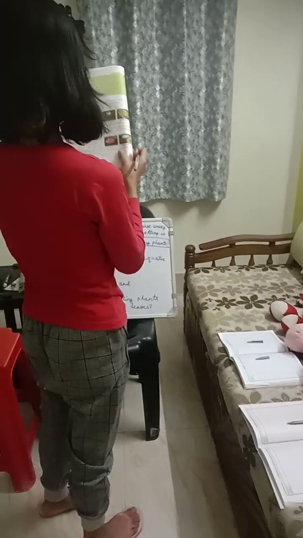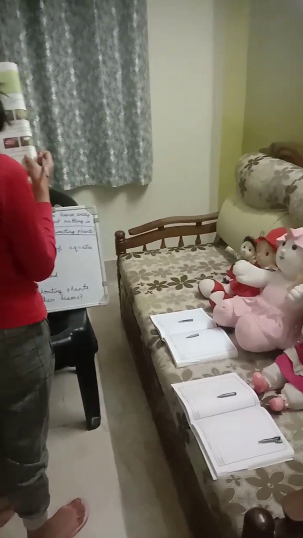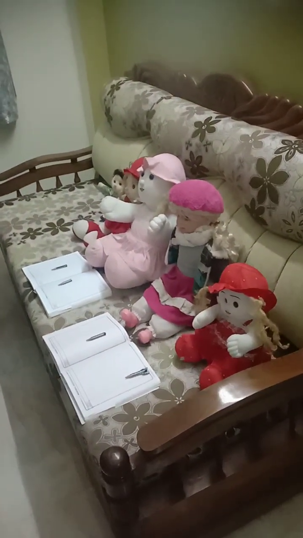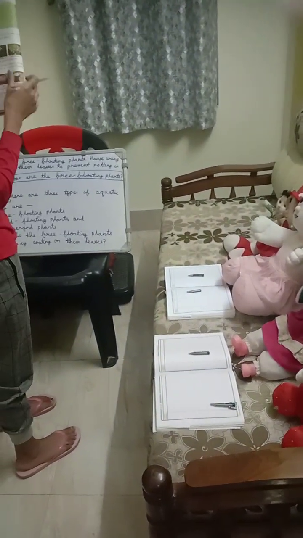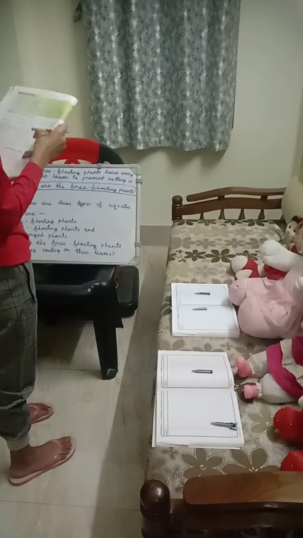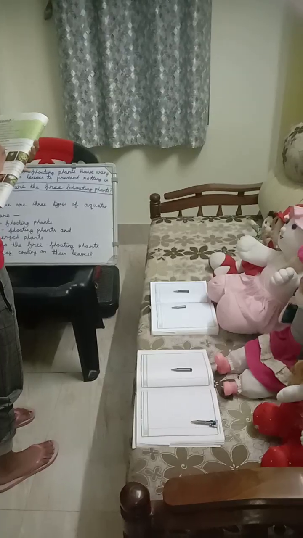All of you look at page number 188, second para. Adaptations in free-floating plants. The first line: Free-floating plants are small-sized, very light and spongy. Bracket that line and mark it as L number 1. Have all of you marked?